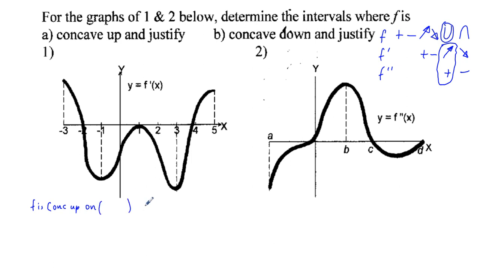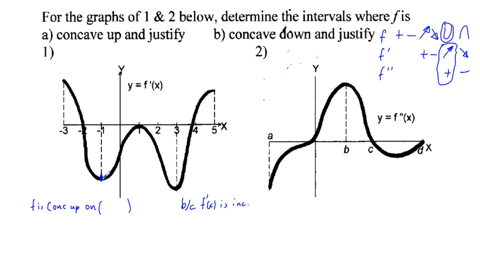And we can leave a bunch of space here. And why? Because f prime of x is increasing. Okay, INC. So now we'll just see where f prime of x is increasing.